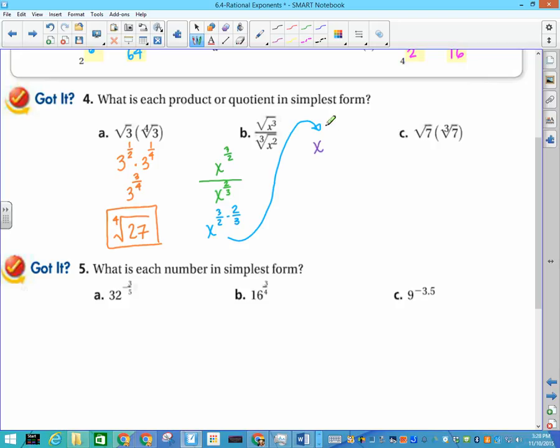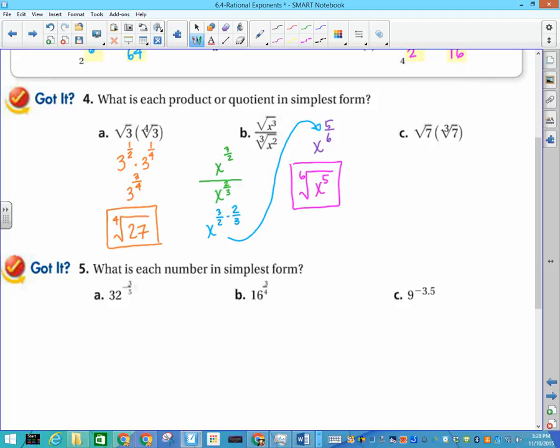So this becomes x to the 5/6. My original problem came with the radical, so I'm going to give the answer in the radical. That means my final answer will be the 6th root, because that bottom number is my index. The top number is my power. And that's what your answer will be in simplest form.